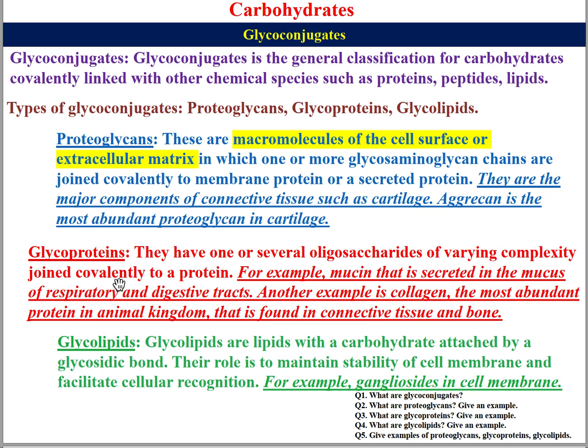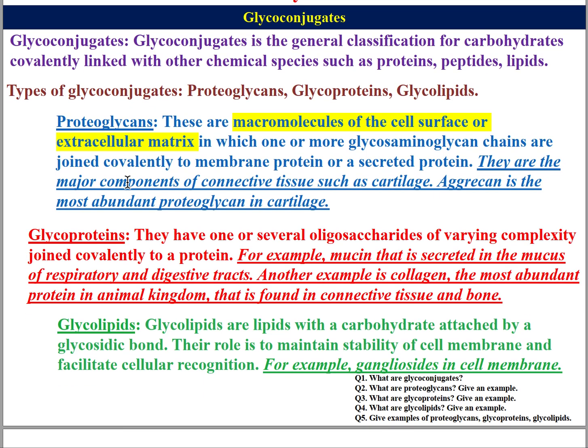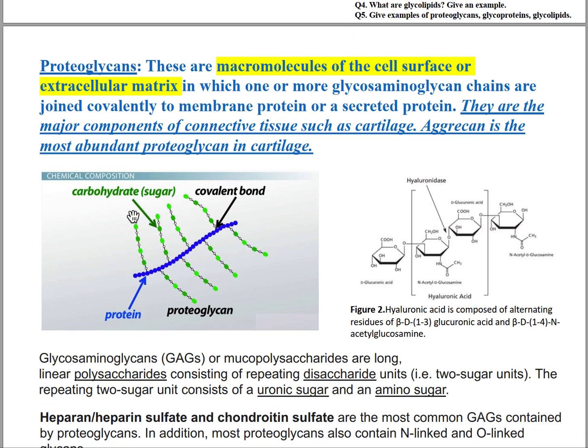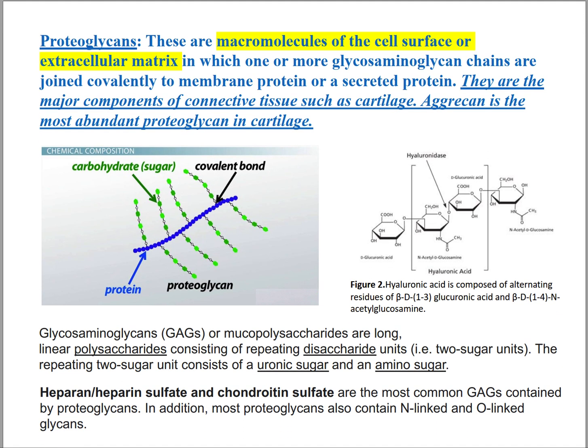So glycoprotein means protein attached with oligosaccharide, glycolipid means lipid attached with carbohydrate, and proteoglycan means protein attached with glycans. Oligosaccharide means a short sugar chain, and glycan means a long sugar chain. You can see here the proteoglycan structure: this is the protein and the proteoglycan sugar chain. Okay, so that's all from this lecture.